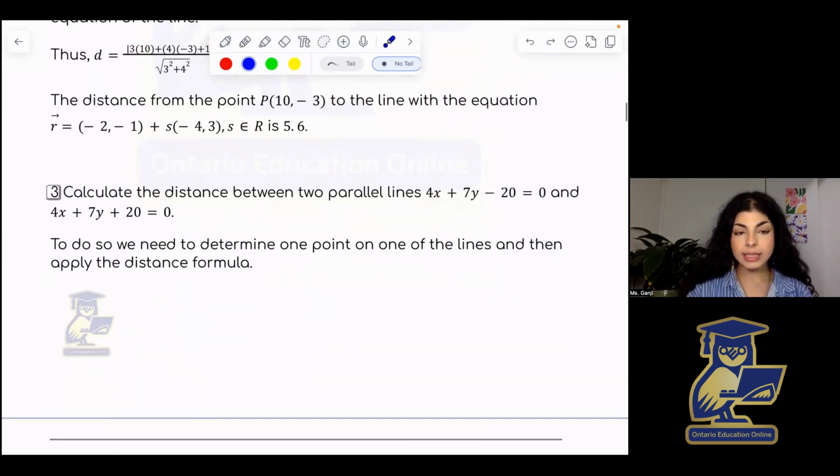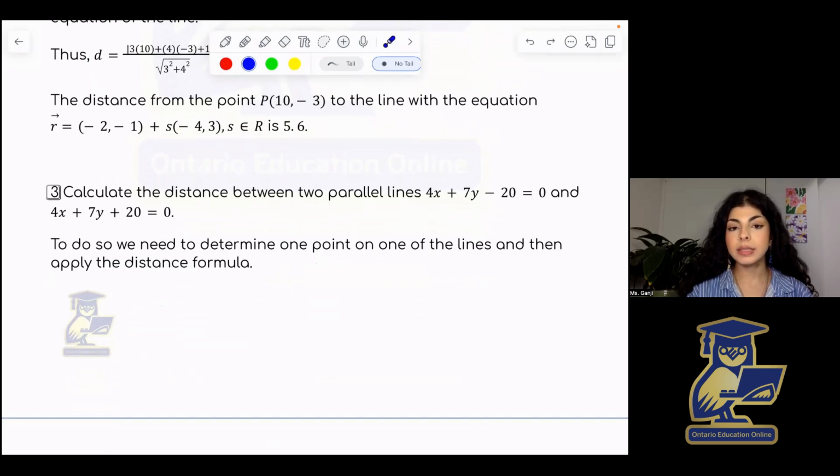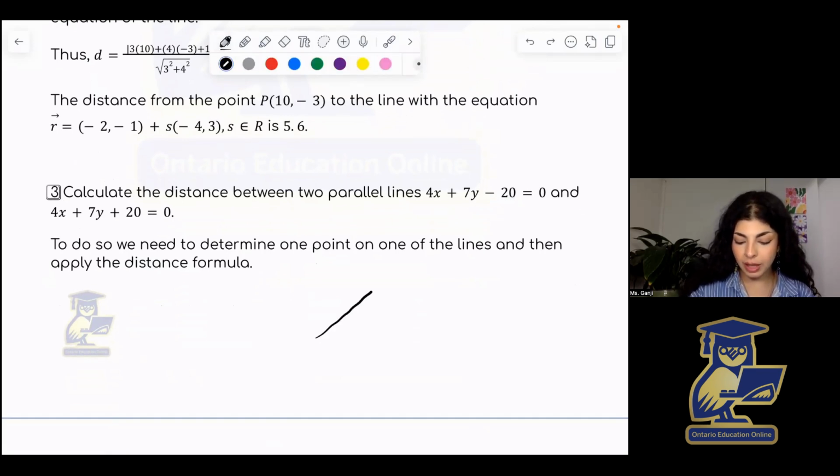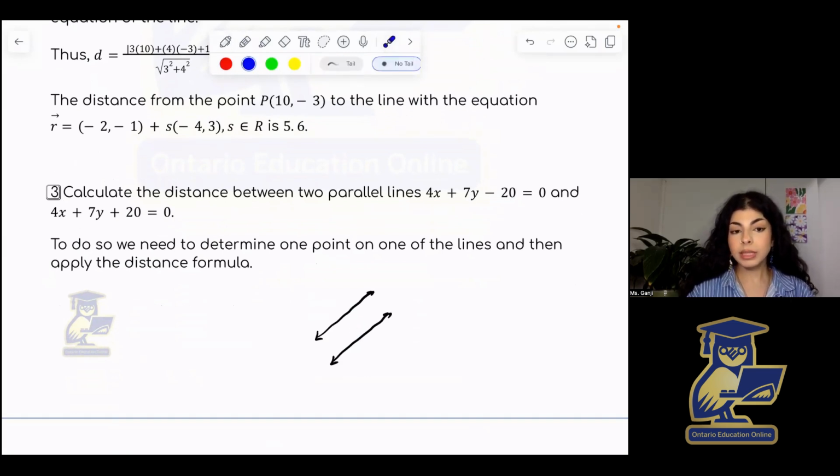Now, in this next example, we have to calculate the distance between two parallel lines given by these two equations. We can actually do this as well, because when you have two parallel lines, these two have a distance between them, right? So sometimes it is good to know what that distance between these two lines is.